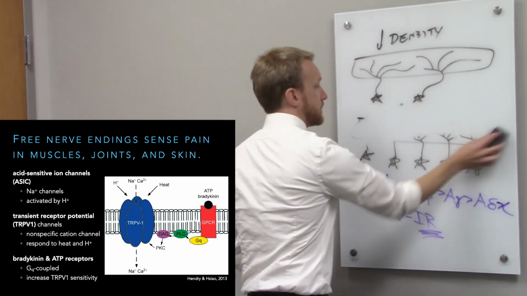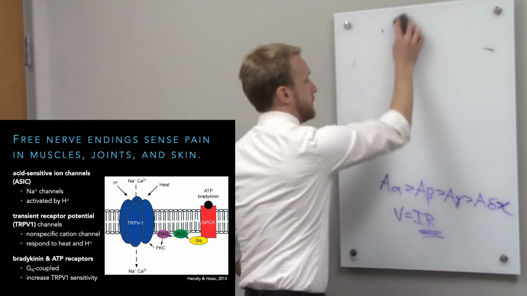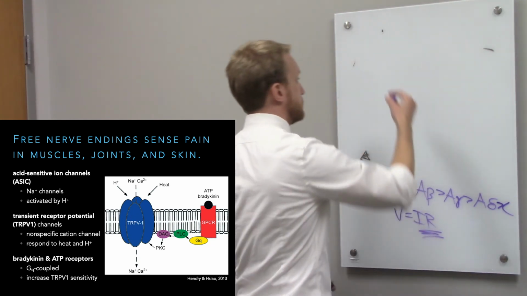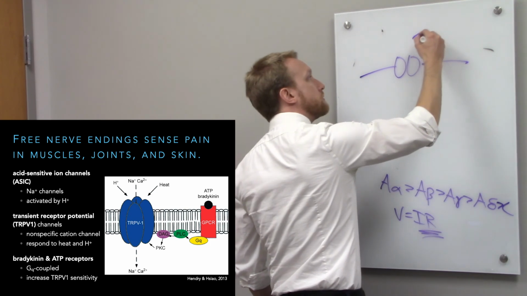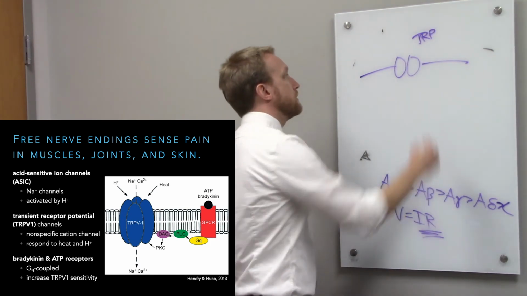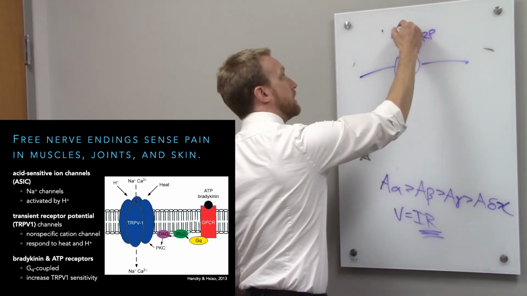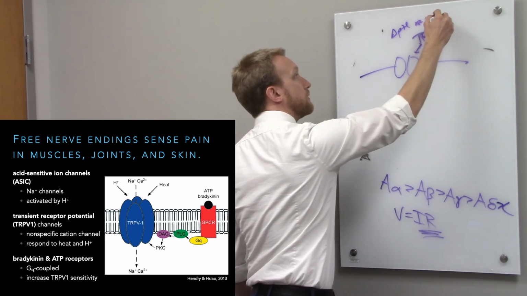So the basic mechanism here is we have an ion channel. Here's our membrane. We've got an ion channel, we'll just say TRP channels here, that are going to sense a change in pH or temp.